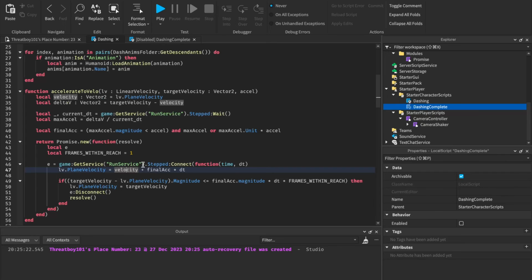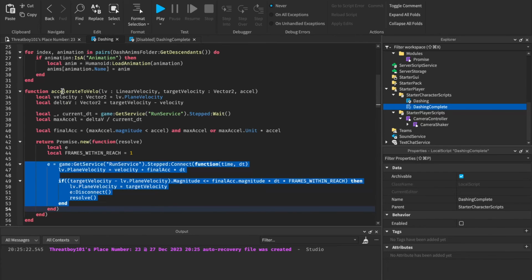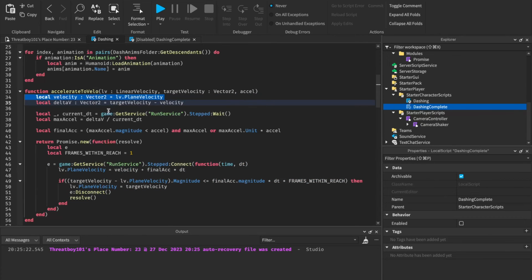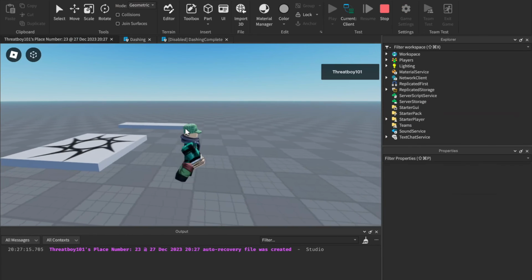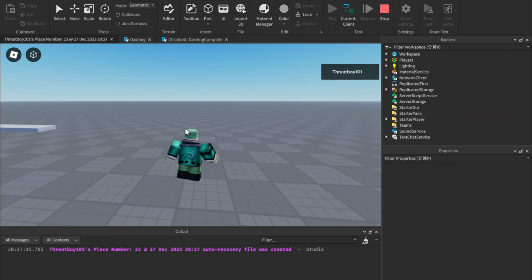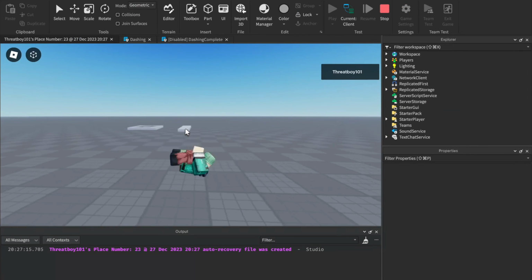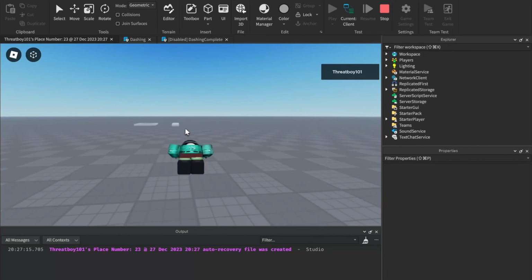Well, this is happening every frame, and this only happens at the beginning, so we're using a stale velocity value essentially. So that should instead be LV.PlaneVelocity. When we play this, you can see that it looks good.